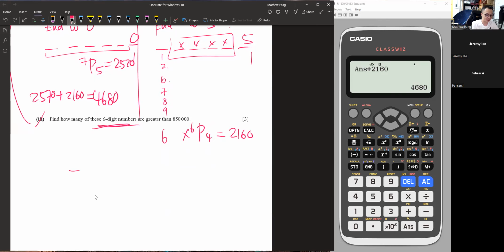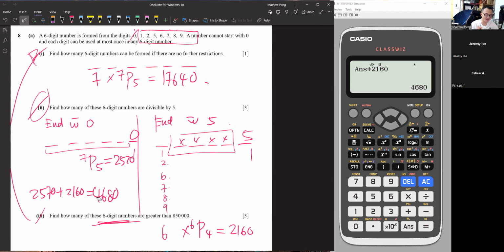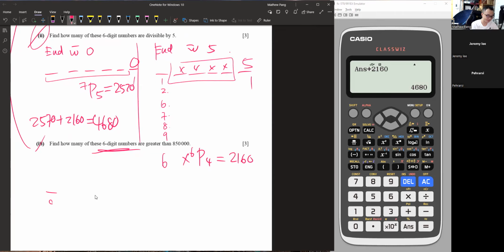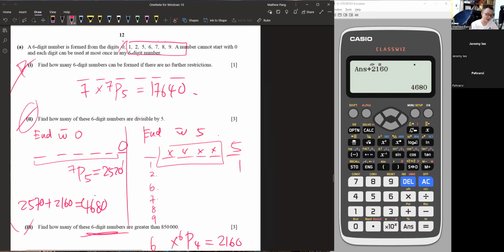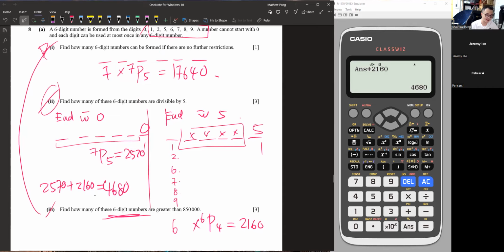Yeah, maybe I don't want to overthink here. So in order to be bigger than 850,000, the first digit must start with 8 and 9, right? Then the second digit, 1, 2, 3, 4, 5, 6. The second digit can be any number 5 and above. 5, 6, 7, 8, 9.